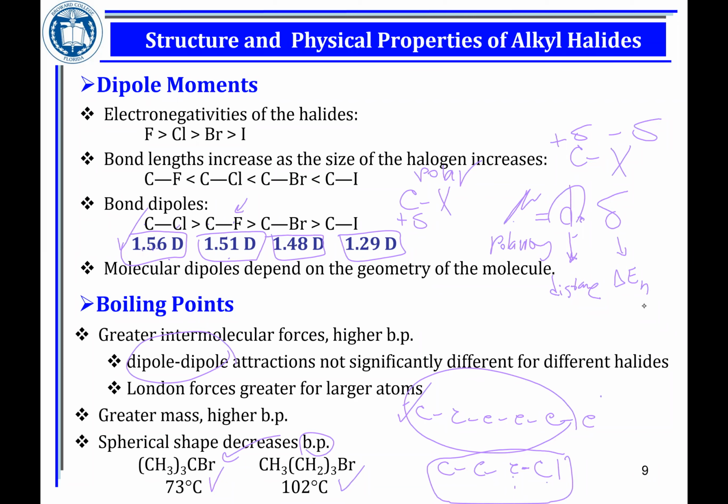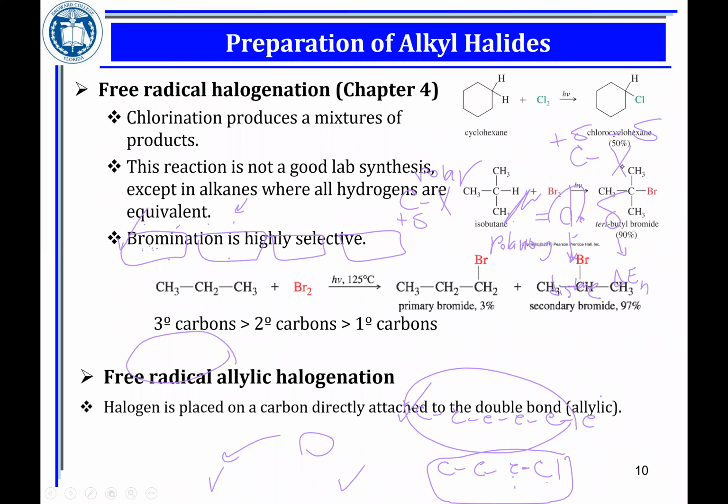We looked at the intermolecular forces: dipole-dipole interaction for alkyl halides, but London dispersion for alkanes and other hydrocarbons. Dipole-dipole is stronger. As a result, it gives a higher boiling point.